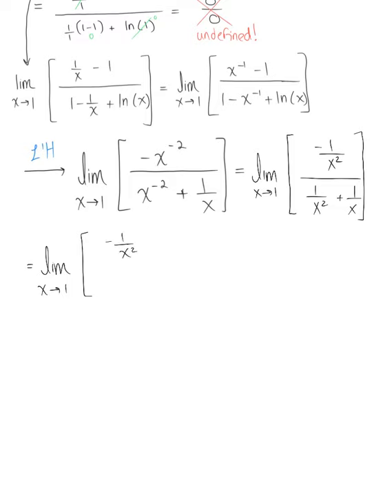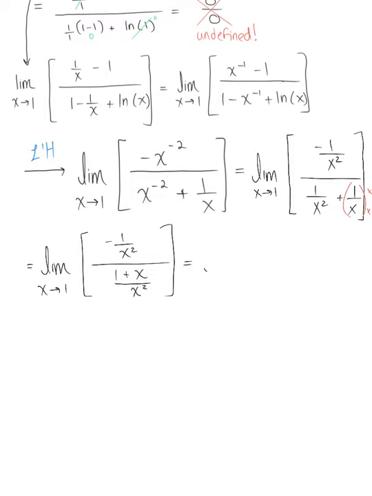I have 1 over x squared in our numerator, and in the denominator, excuse me, we multiply the numerator and denominator of that second term by x to get the common denominator. We end up with 1 plus x all over x squared.